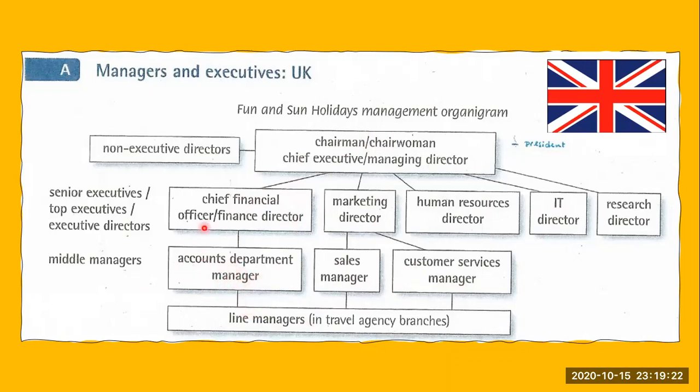In the finance department we have the accounts department manager. In marketing, we have the sales manager and customer services manager. And if we had more people in the department, we would probably have assistants or managers too, in case the company is bigger than this.